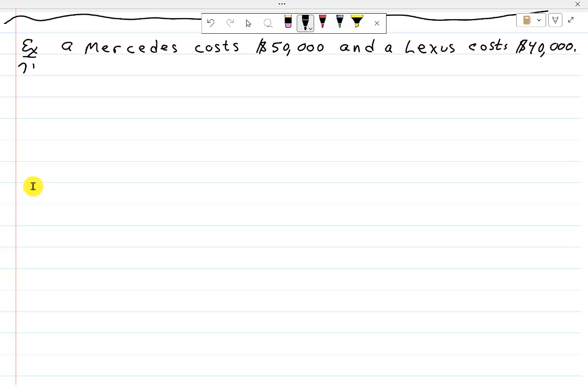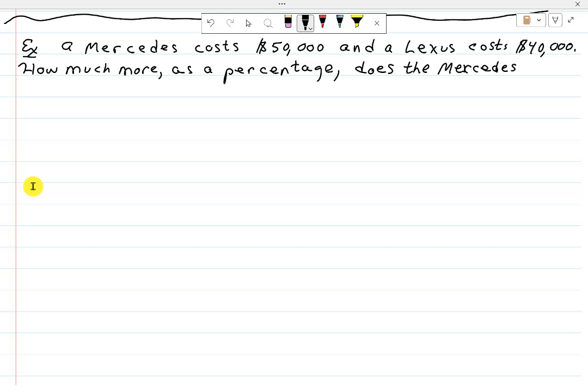How much more, as a percentage, does the Mercedes cost than the Lexus?